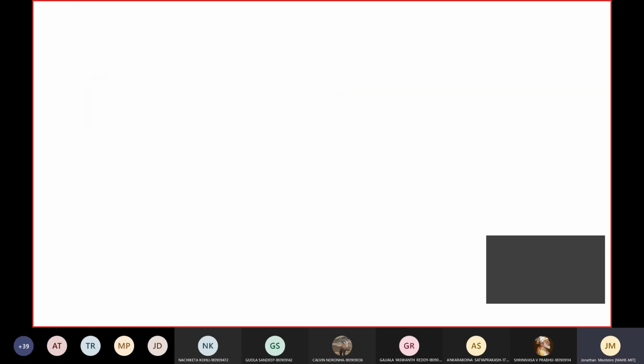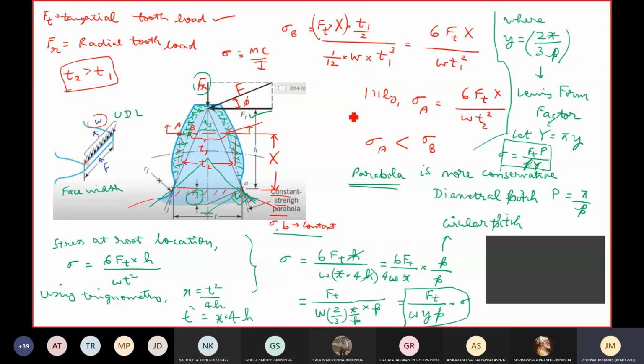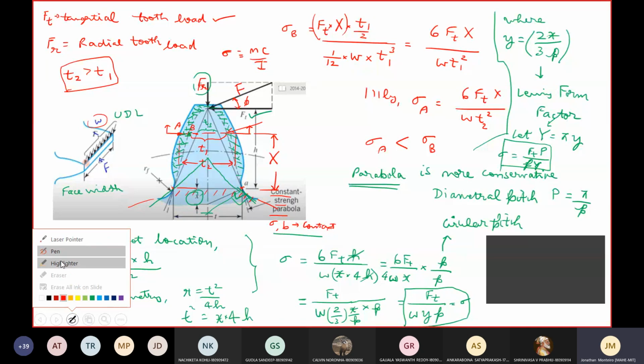So let me write that equation again. Sigma is equal to Ft into P by W into Y. Sorry, one mistake here.